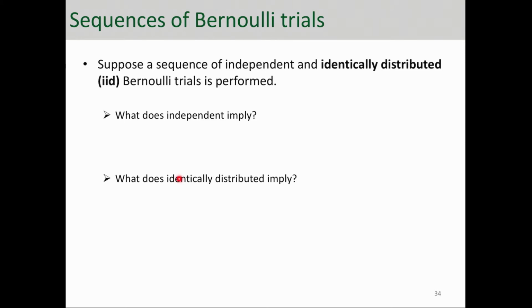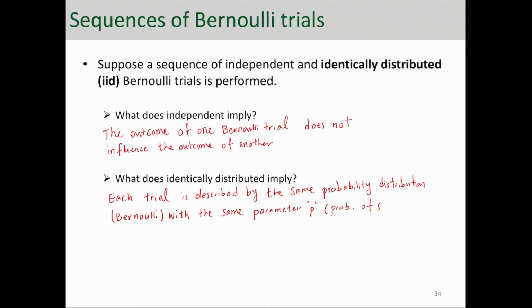And identically distributed means each trial is described by the same probability of success. So probability of success between these trials does not change, stays the same. P, or probability of success, stays the same.